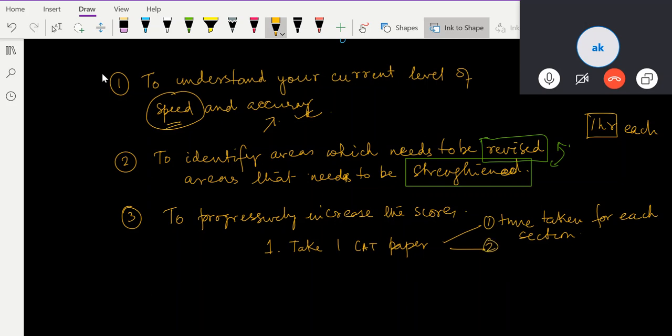Number two, note down questions that you are not able to crack or not able to solve. And third, out of the questions that you've attempted, which are the questions that you've marked wrong?